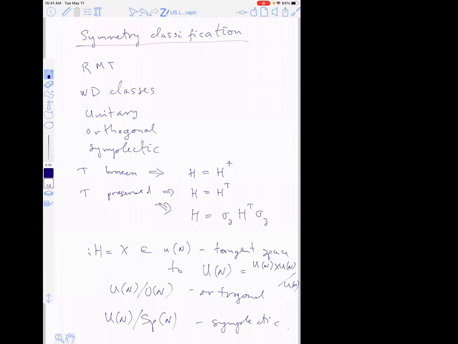You can write the corresponding Green's functions and everything, and that will result in a single supermatrix integral. There will be no space involved, and this super integral will be over certain supermanifolds, right? And using replicas, you would get the manifolds that I have here. Okay.